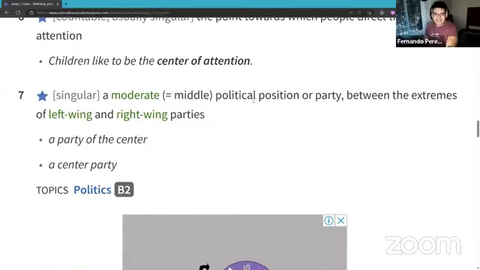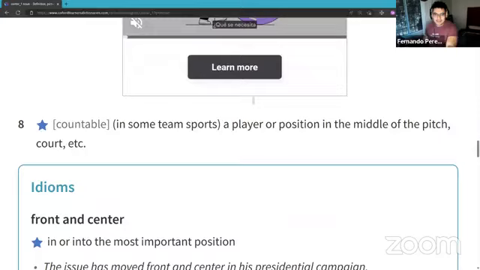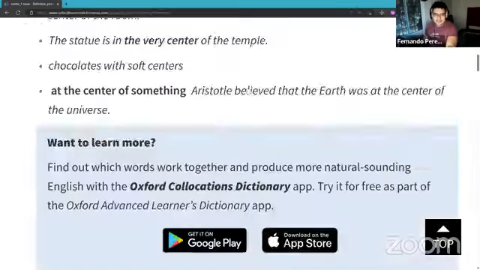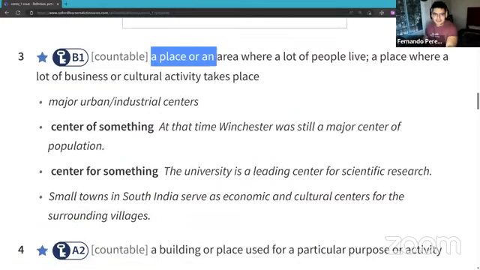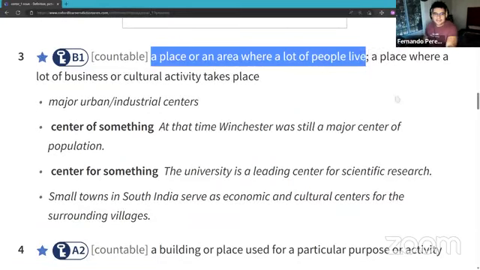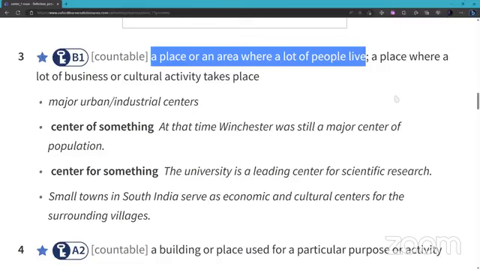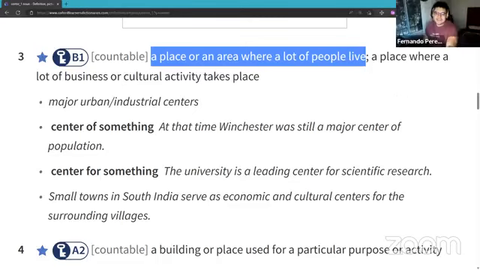Exactly. It should be something similar to this: a place or an area where a lot of people live. And is it a noun? It is a noun, the word center.